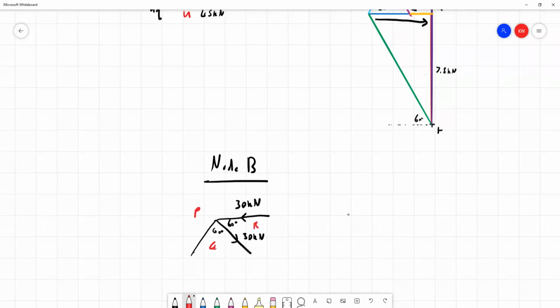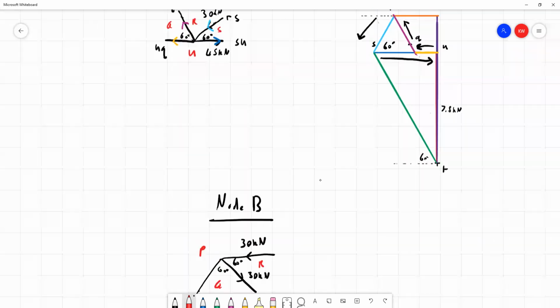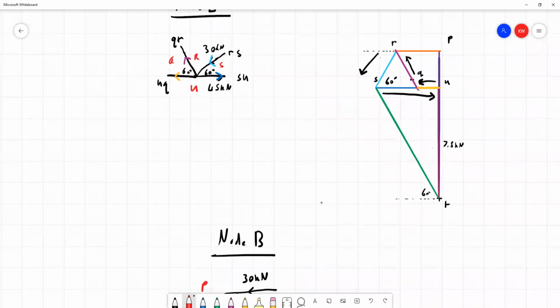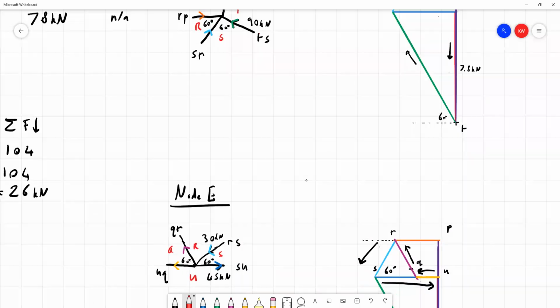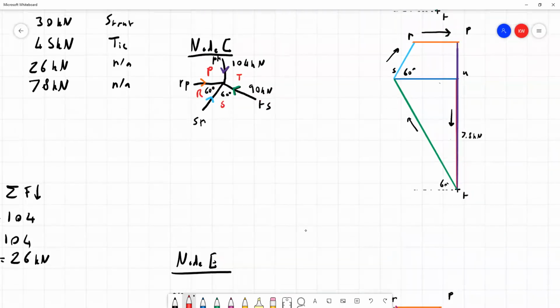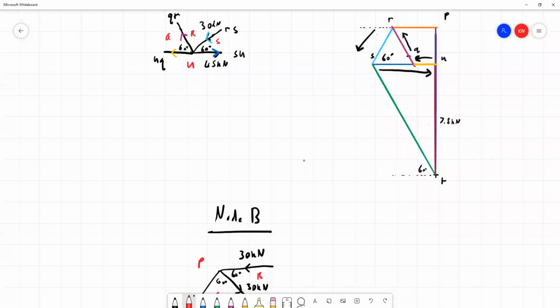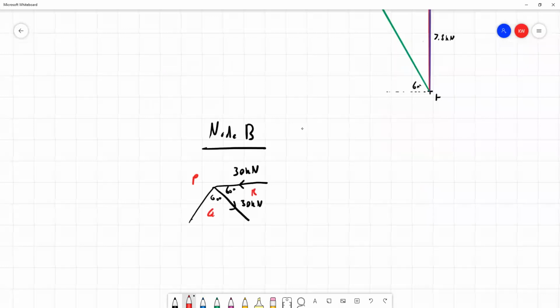And let's also name these in the correct order. So when we encountered the vector PR previously, it was acting towards another node, so that was RP when it was acting to the right. So when it's acting to the left, it's going to be PR.